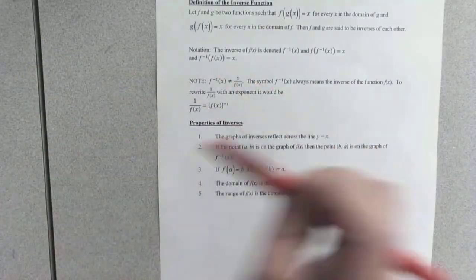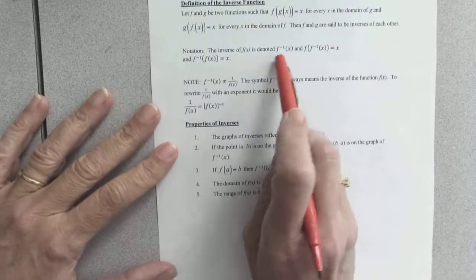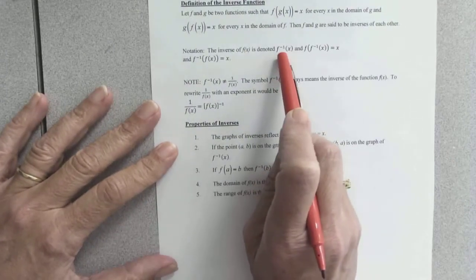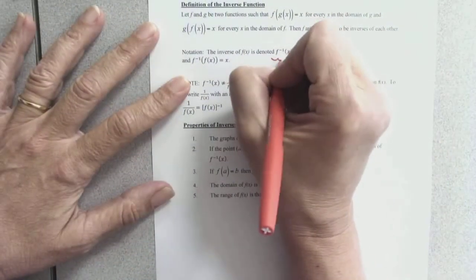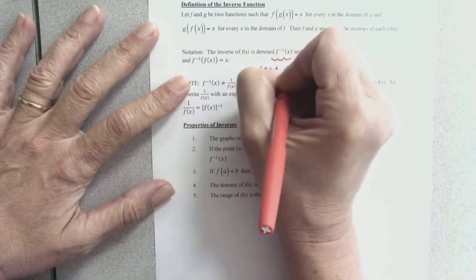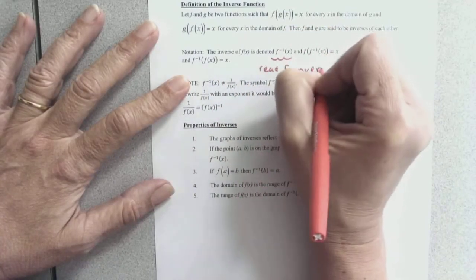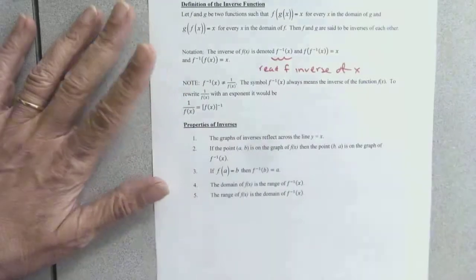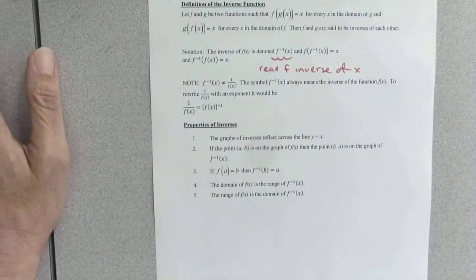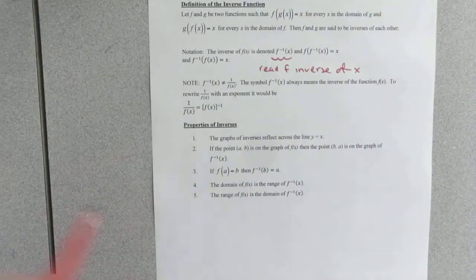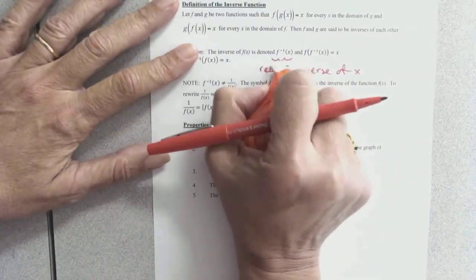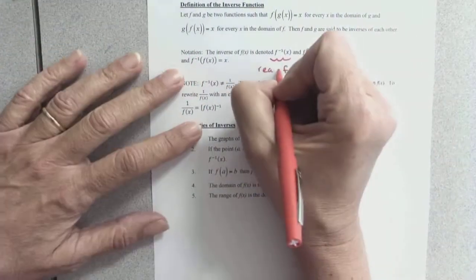Now, notation here, the inverse of f of x is denoted by f inverse of x. That is read f inverse of x. It is not an exponent of negative 1. It is our symbol for inverse function.